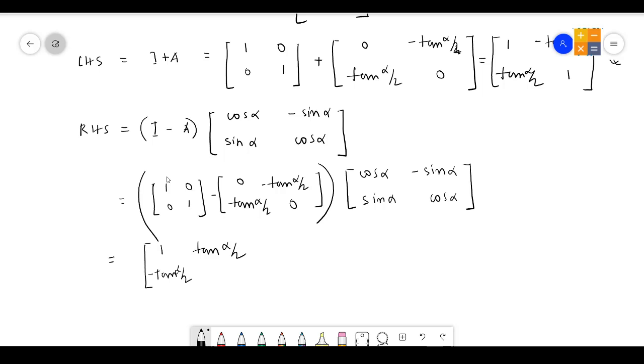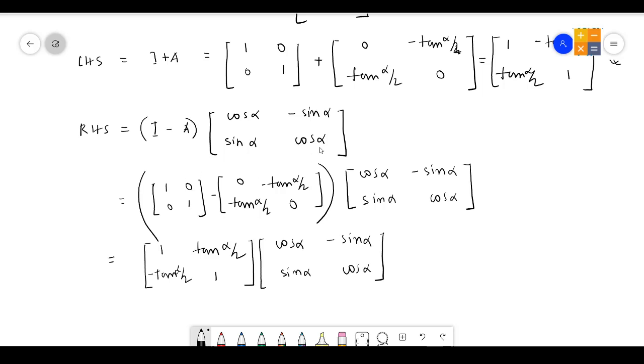Then in this case it is 1. So this is the first matrix. Then cos alpha, minus sin alpha, sin alpha, cos alpha. So we have these values.